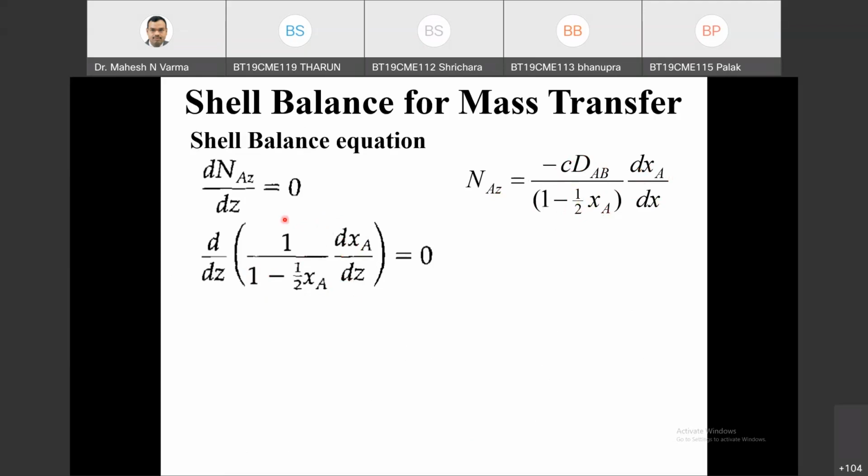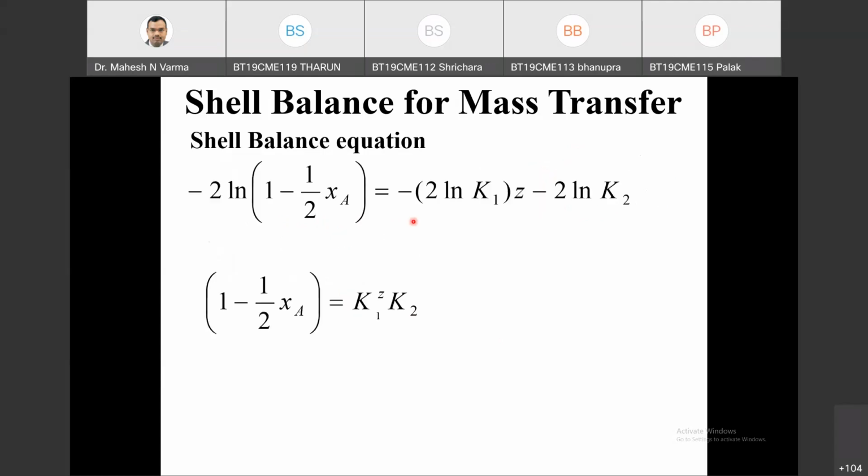And what is this equal to? If I integrate just once, this will be equal to C1. And that C1 equals 2 ln K1. So now I have K1. 2 ln K1 will be equal to C1. C1 multiplied by capital C into DAB, with the minus sign, will give me NAZ.